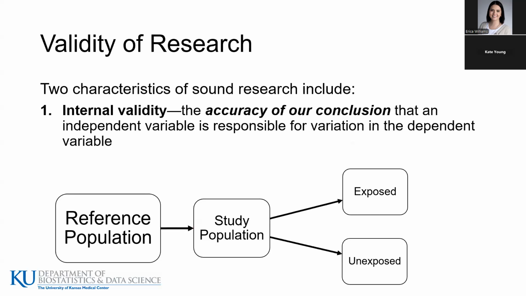So as I mentioned before, the ultimate goal of research is to determine a causal relationship between an independent variable, like an exposure or a treatment, and a dependent variable, which is sometimes development of a disease, death, or improvement in a patient's condition.